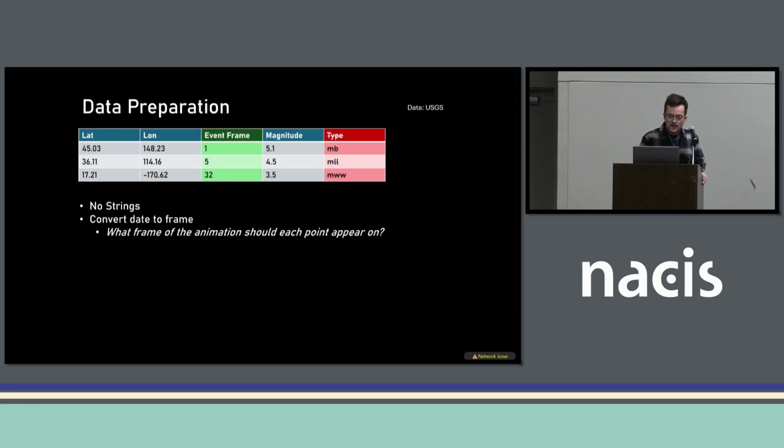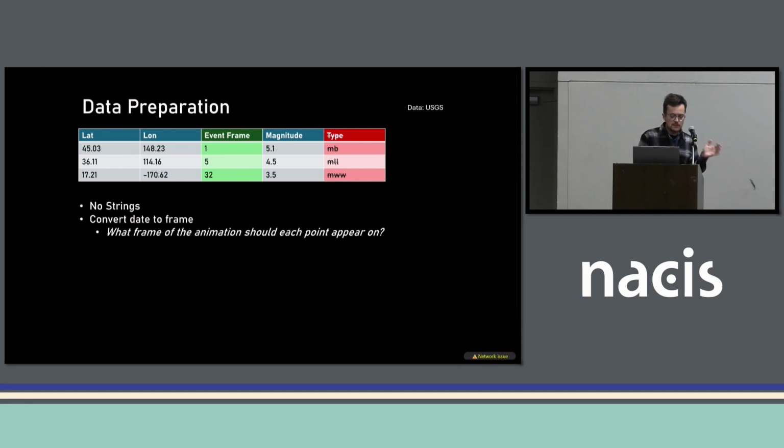The other change we need to make is to the date. Instead of having a date, we want a timestamp that says what frame of our animation we want each event to appear on. The easiest way I've found to do this is to start with 1 for the earliest event and then pick a round unit of time to increment by, depending on the time scale of the data that I'm mapping.